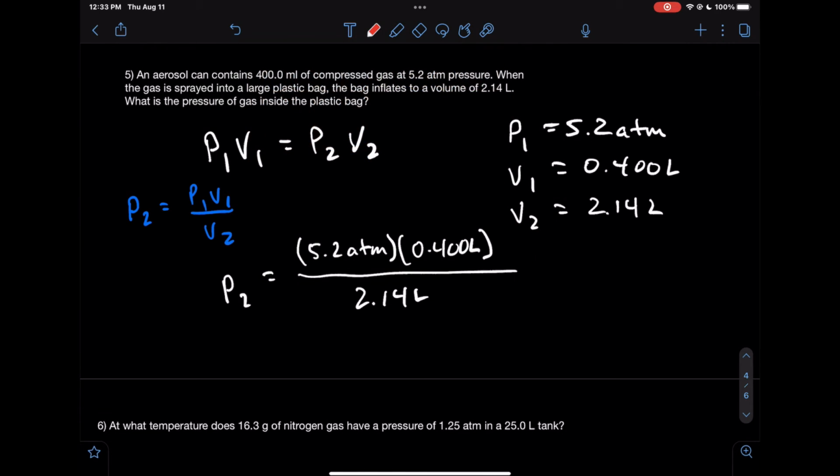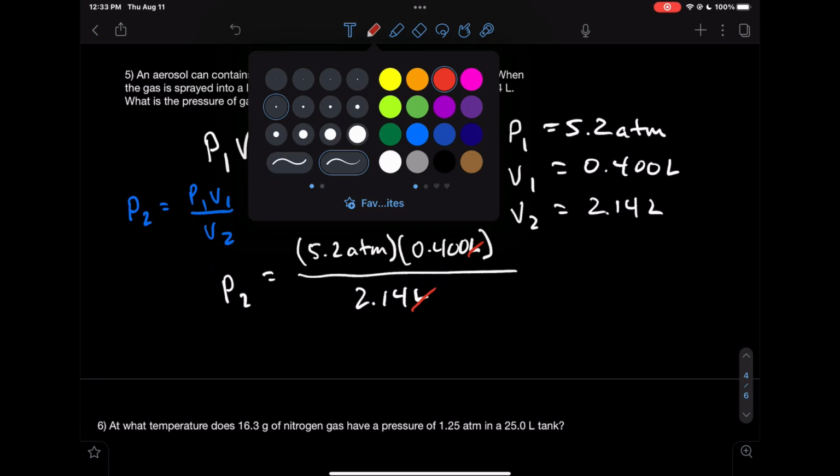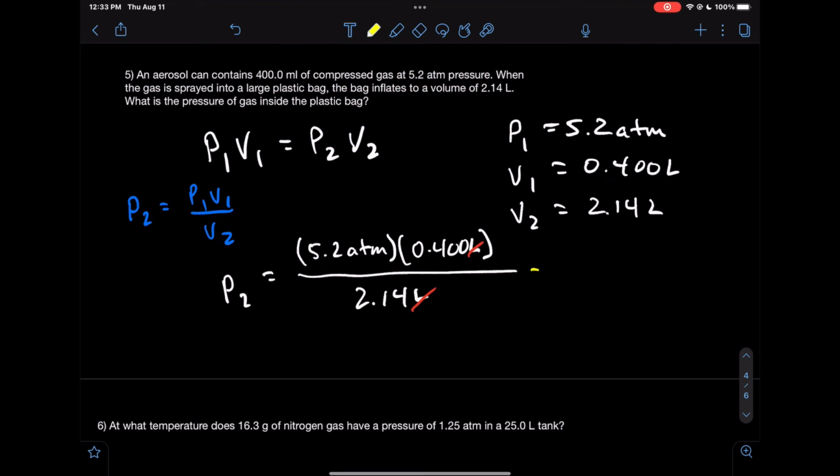Now you'll see after we go ahead and divide this out that our liters cancel, so we're left with atm. So P2 is equal to 0.972 atm.